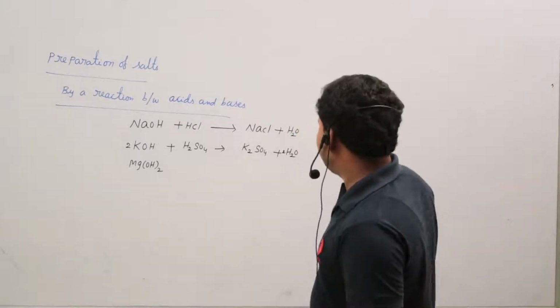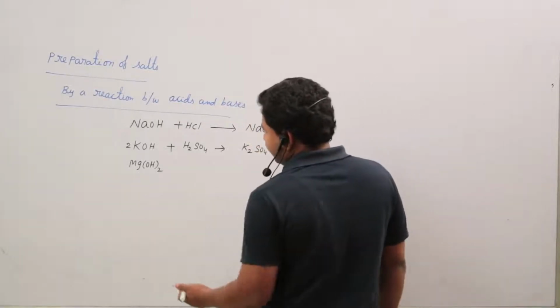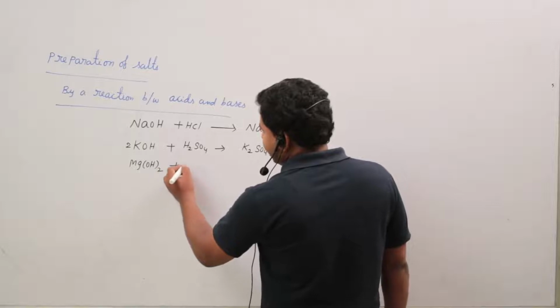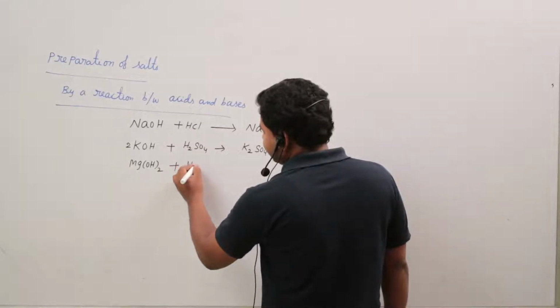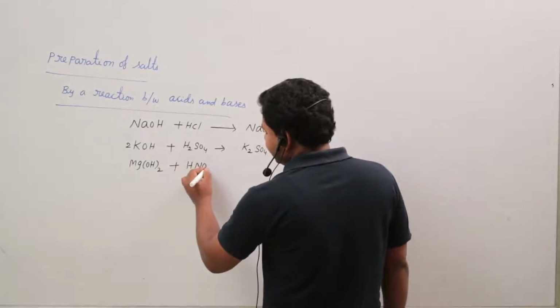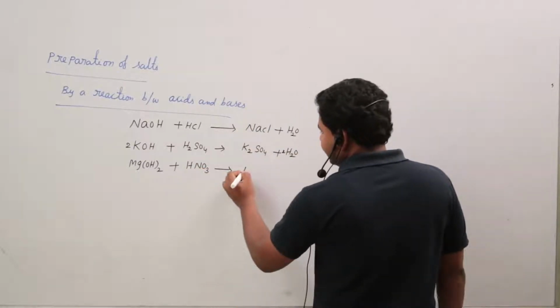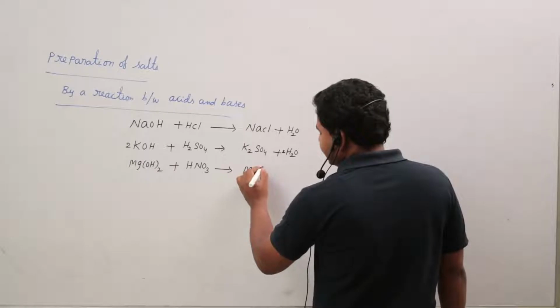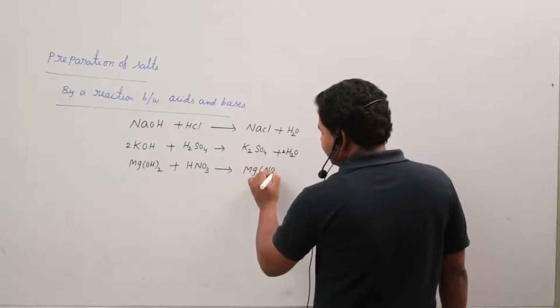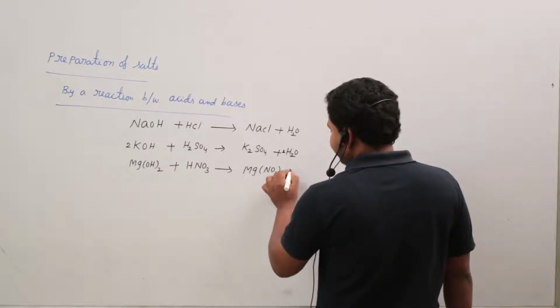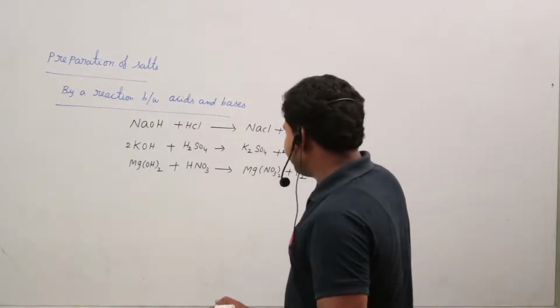And the next one, magnesium hydroxide is reacted with nitric acid. Nitric acid formula is HNO3. Now we can get magnesium nitrate. Magnesium nitrate formula is Mg(NO3)2. And water is produced. How to balance this equation?